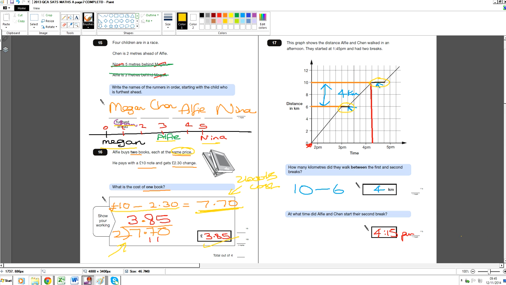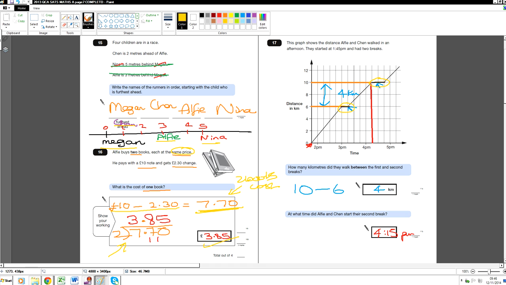Pardon my alarm. Okay, right. So we said, how many kilometers did they walk between the first and second breaks? So if I write over here, this is our break 1. Let's choose black. Okay, so this flat part is our break number 1, and this flat part is our break number 2.